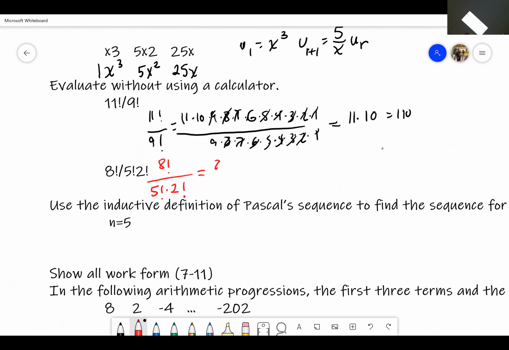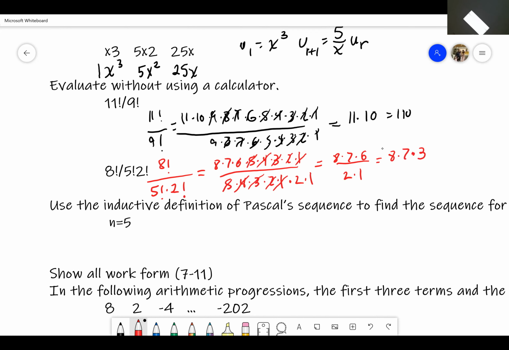Well, you just do 8 times 7 times 6 times 5 times 4 times 3 times 2 times 1 divided by 5 times 4 times 3 times 2 times 1 times 2 times 1. This cancels, this cancels, and so on. 8 times 7 times 6 divided by 2 times 1, which is 8 times 7 times 3. Well, that's 56 times 3.